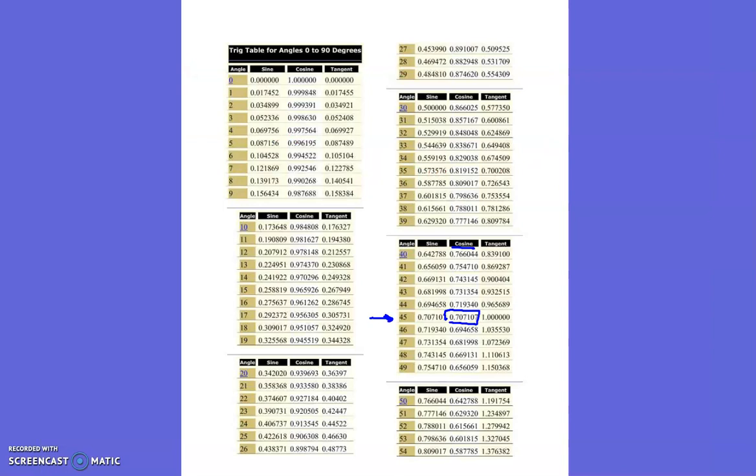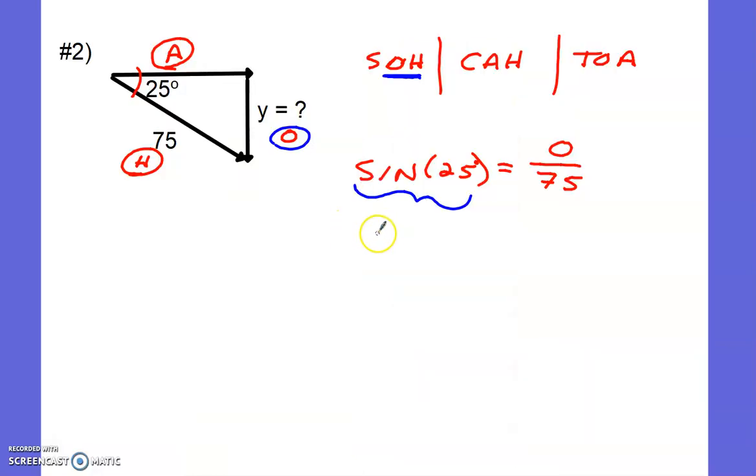It is the sine of 25, so I look for the number 25 in my angles. And we want the sine, which is the first column. And if we look here, I'm going to round it off to 3 numbers, the sine comes out to be 0.423. So I go back to my problem.